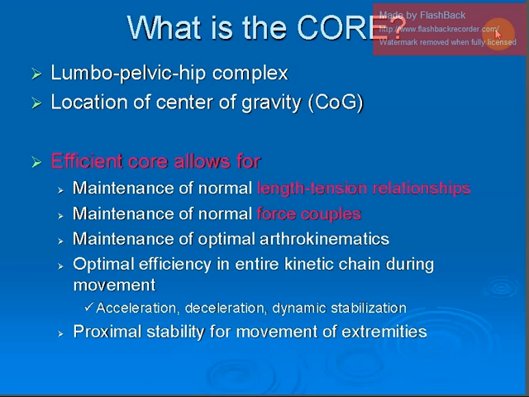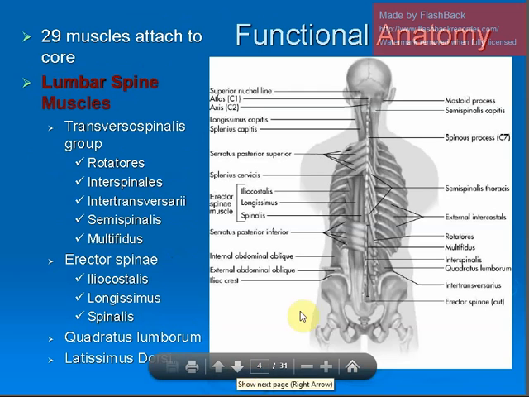An efficient core allows for the maintenance of normal length-tension relationships, normal force couples, and optimal arthrokinematics. It allows optimal efficiency in the entire kinetic chain during movement, like acceleration, deceleration, and dynamic stabilization, and it allows proximal stability for movements of the extremities.